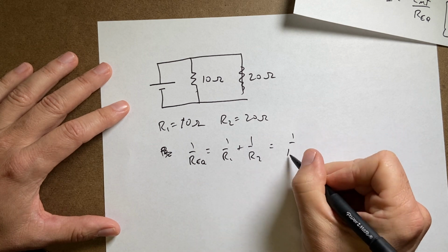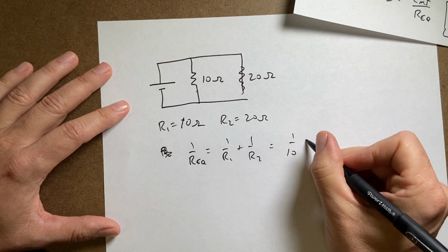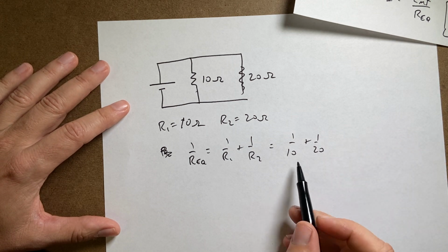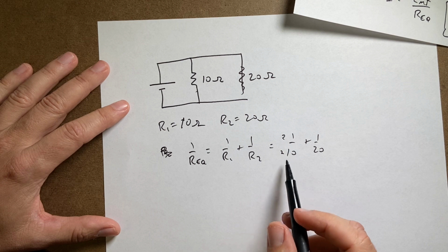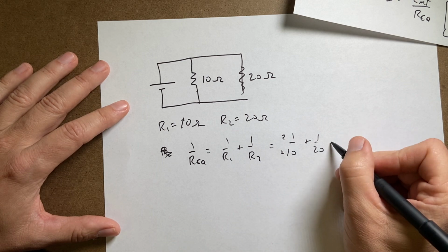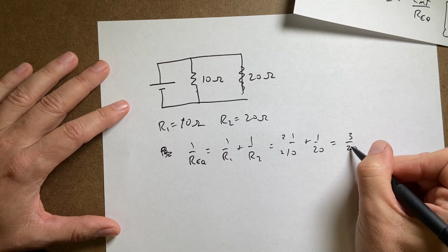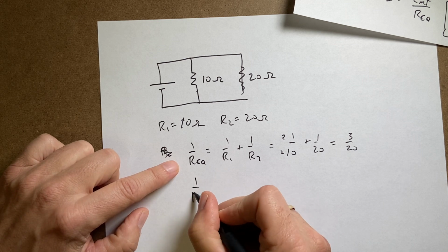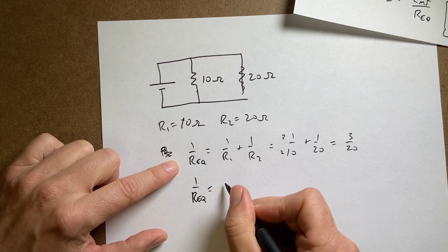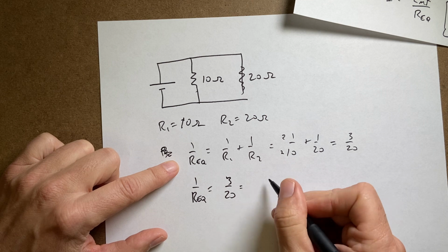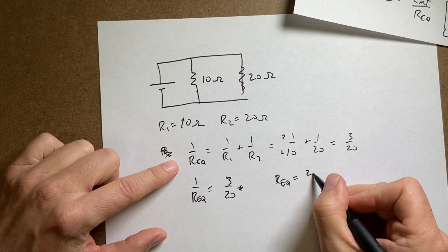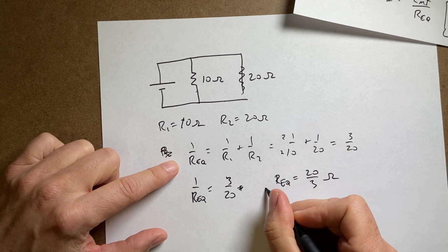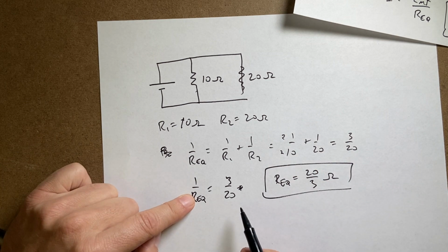So it's going to be 1 over 10, I'll leave off the units, plus 1 over 20. Now I can multiply this side by 2, top and bottom, and I get 2 over 20 plus 1 over 20 is 3 over 20. So 1 over R equivalent is equal to 3 over 20, so R equivalent is equal to 20 over 3 ohms.